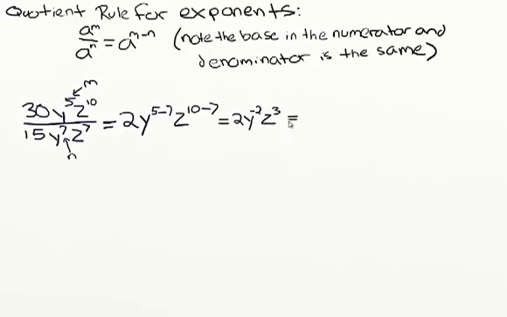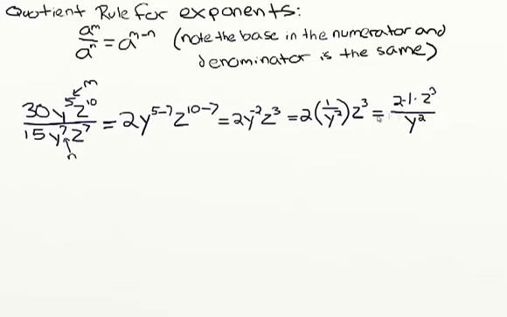Now we can just write this with positive exponents. So the y we're going to write as 1 over y squared. Then we have z cubed. So now we can write this with everything that's in the numerator. We have a 2 times a 1 times a z cubed, and then in the denominator we have a y squared.